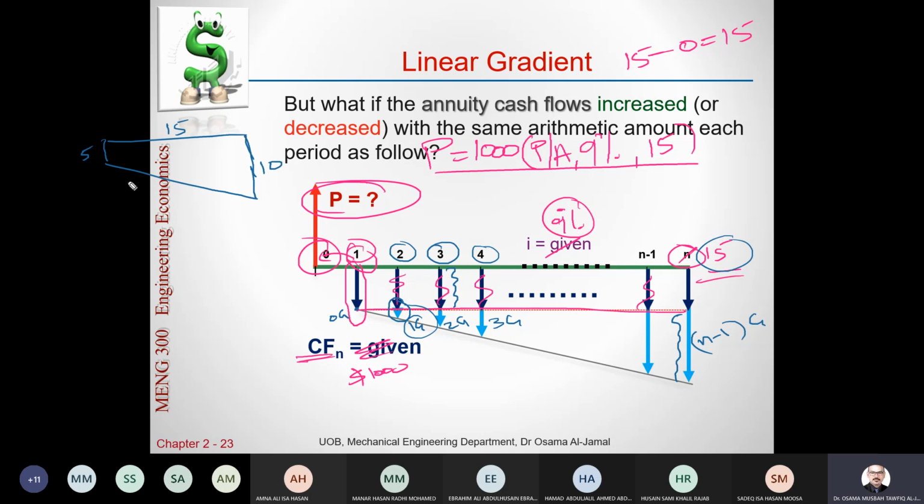Can we find the area under the curve? The easiest way, if you don't know the formulas, is if you plot this, what we are going to have in here at that part is a rectangle, so we can calculate the area under the curve for that rectangle.